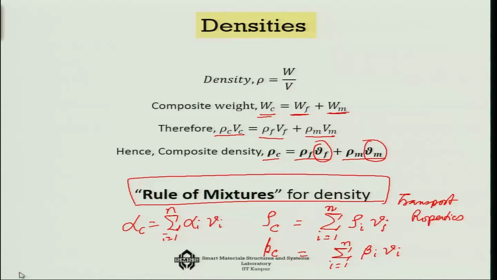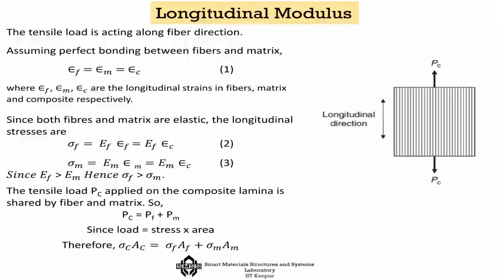Okay. So like strength and stiffness, for them there are special formulas. For example, if I consider the longitudinal modulus, then if you assume perfect bonding between the fiber and the matrix, the strain in the fiber equals the strain in the matrix, that is, the strain in the composite. In this case, for the longitudinal modulus, you have fibers and matrix as if they are two different springs in parallel.